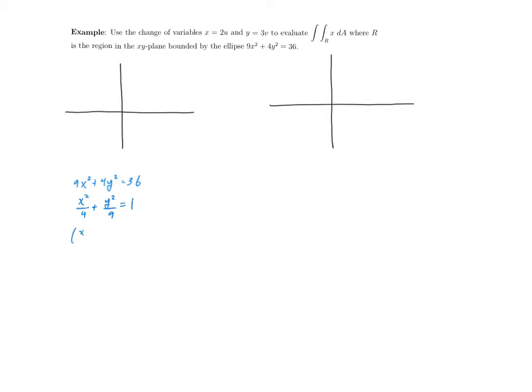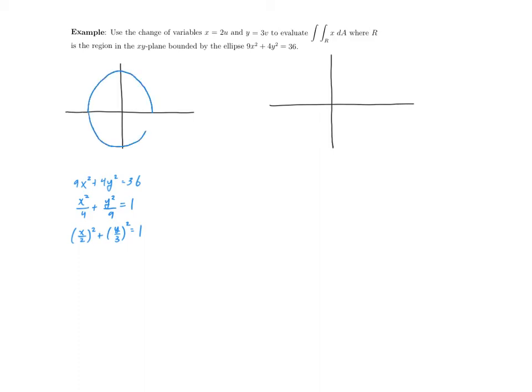Or maybe more conveniently, (x over 2) squared plus (y over 3) squared equals 1. And this implies that we'll have an ellipse whose x-intercepts are plus or minus 2, y-intercepts are plus or minus 3. So it will be a bit taller than it is wide.